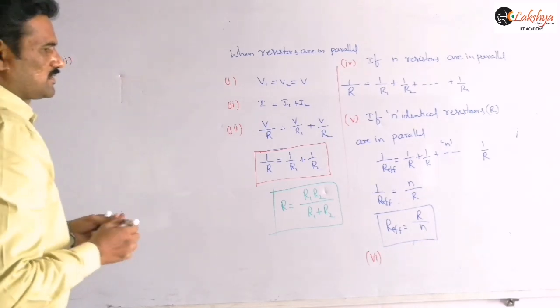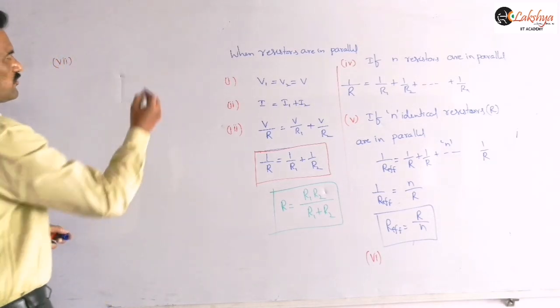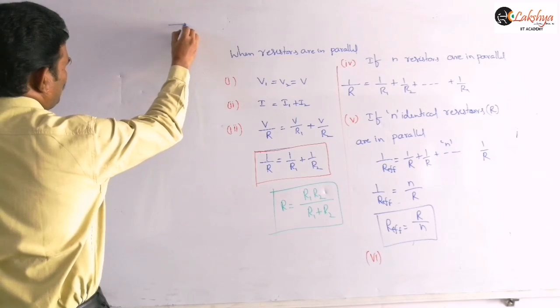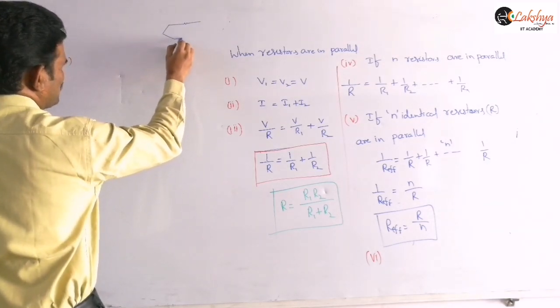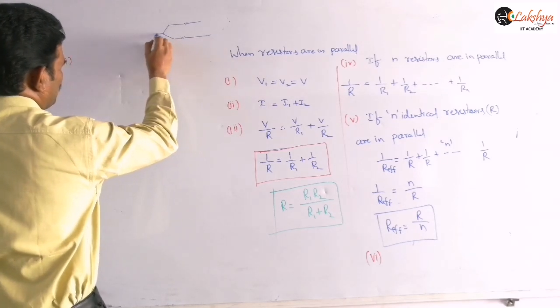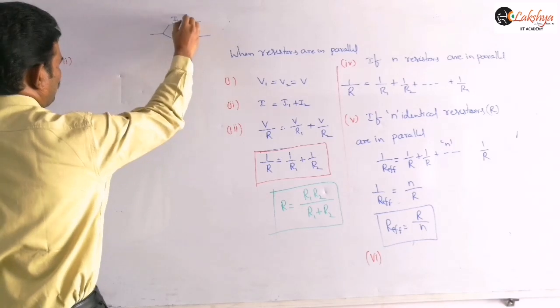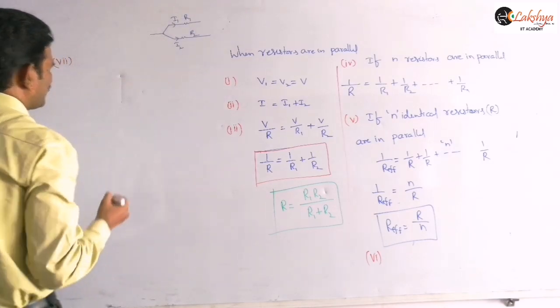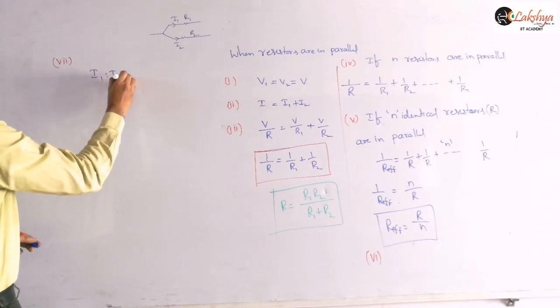Next, let us see this seventh point, that is the ratio of currents. When two resistors are joined in parallel, the current is different in these two resistors. We take I1 and I2 as the currents. I can write the ratio I1 is to I2.